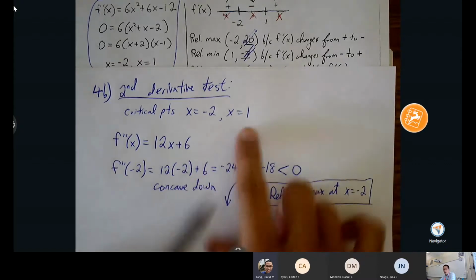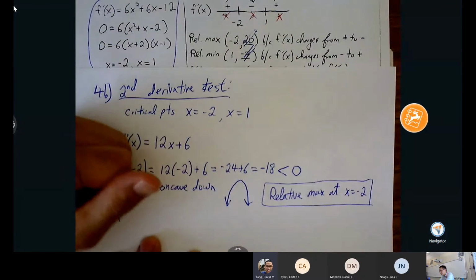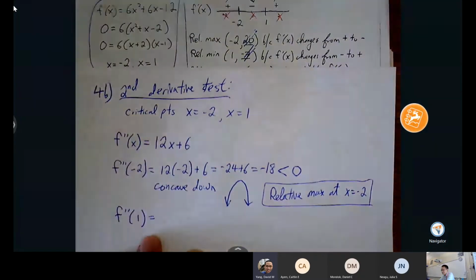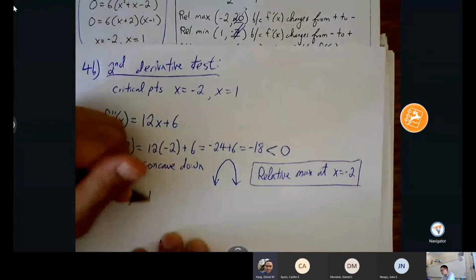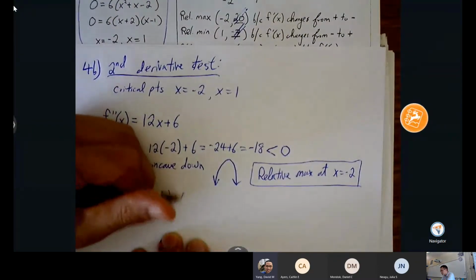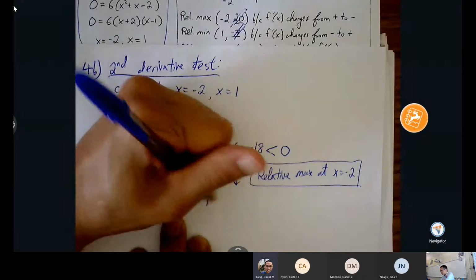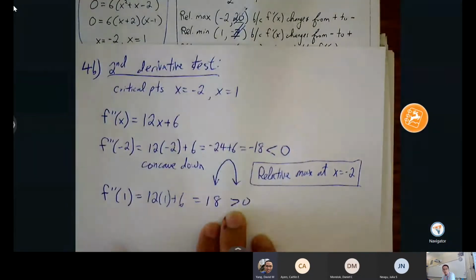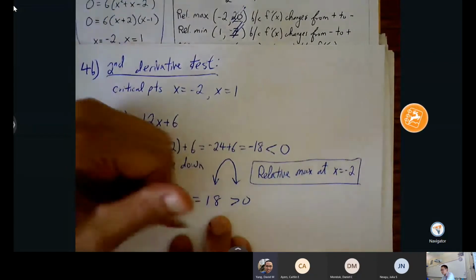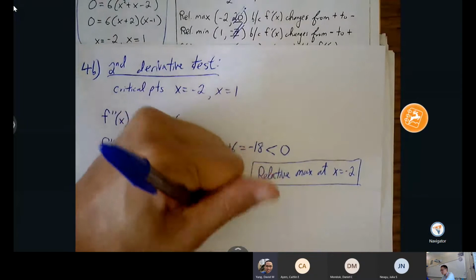Okay, so let's confirm what's happening at 1. Plug 1 into the second derivative function. 12 plus 6, 18. Positive number. So positive second derivative means concave up. Concave up looks like this.